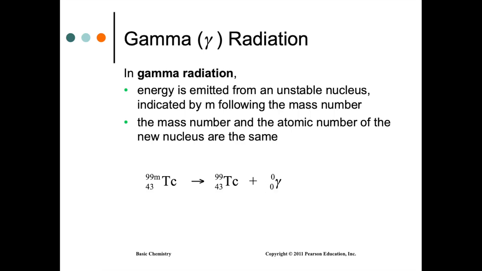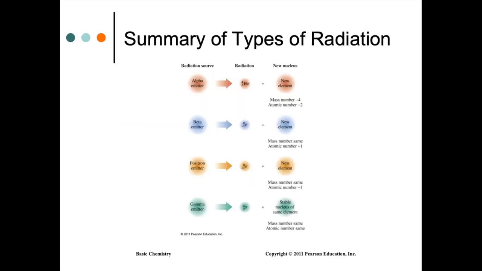Okay, so when it comes to balancing out gamma radiation nuclear equations, it's pretty straightforward. Okay, so here's just a summary. Again, these are the particles we've seen in that table a couple sections ago rather, that I asked you to memorize. And you can see that knowing the mass number and atomic number helps you balance out your nuclear equation.